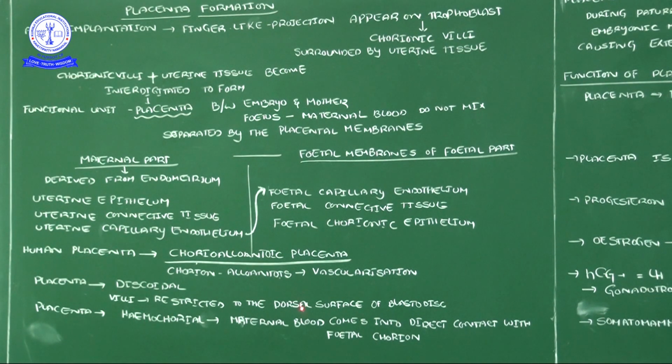The allantois allows vascularization, meaning it contains several transporting vessels. So what is the significance of allantois? It provides several vessels, which is why we call it vascularization.